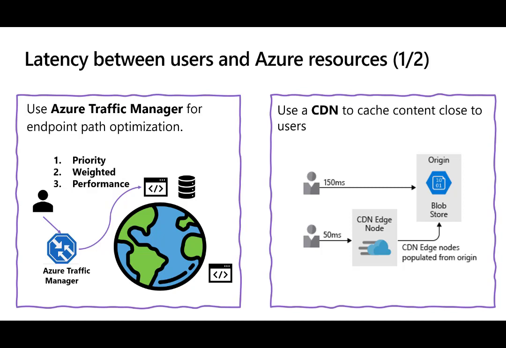You set a weight against each front-end instance, and Traffic Manager then distributes traffic according to those defined ratios. And lastly, you can also make the traffic balancer follow a performance-based algorithm, so it will route the user to the closest front-end instance based on network latency.